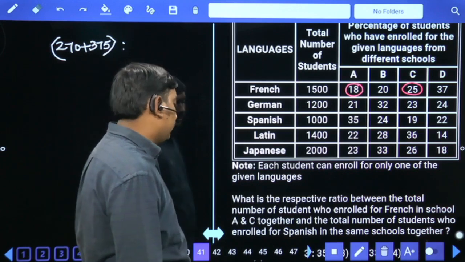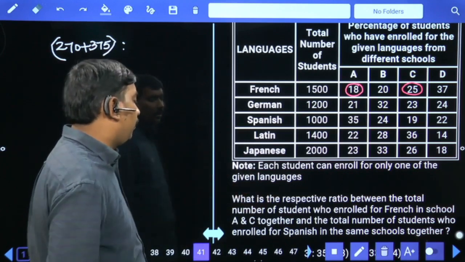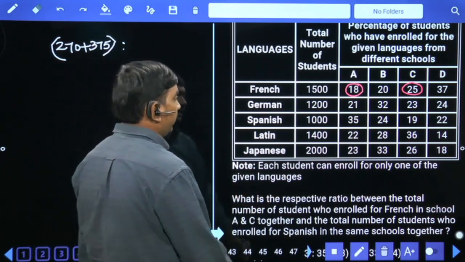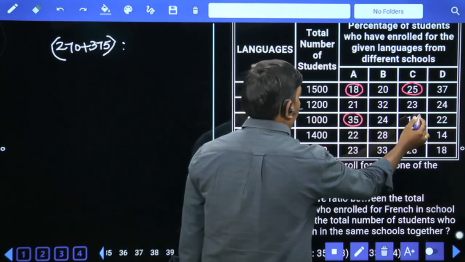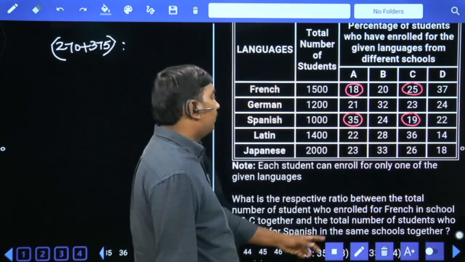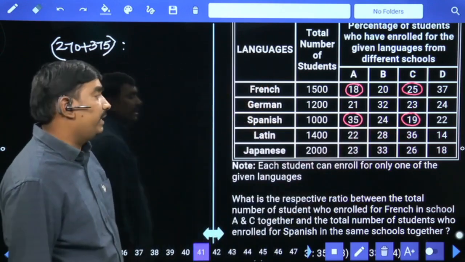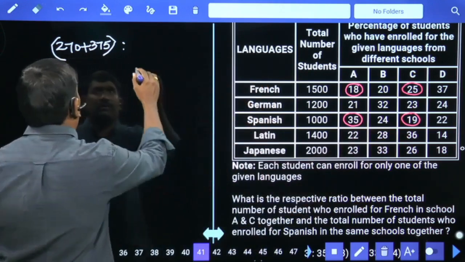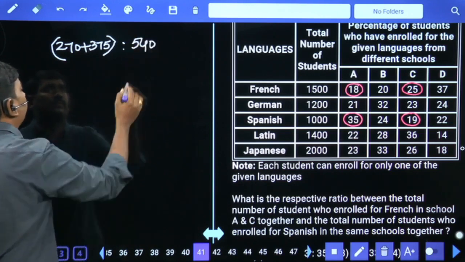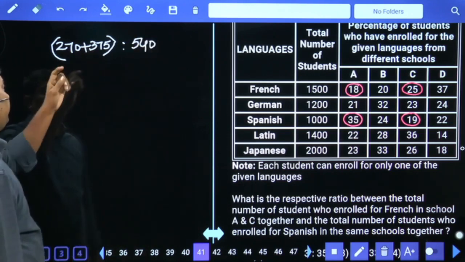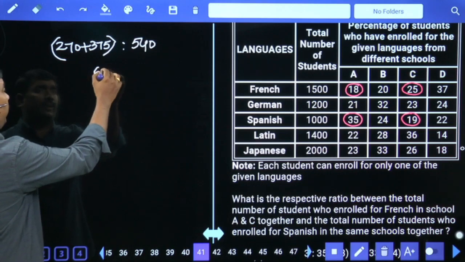A and C together, and the total number of students who enroll for Spanish in the same schools together. Spanish in the same schools together. 35 plus 19, 54% of 1000 means 540. 645 is to 540.